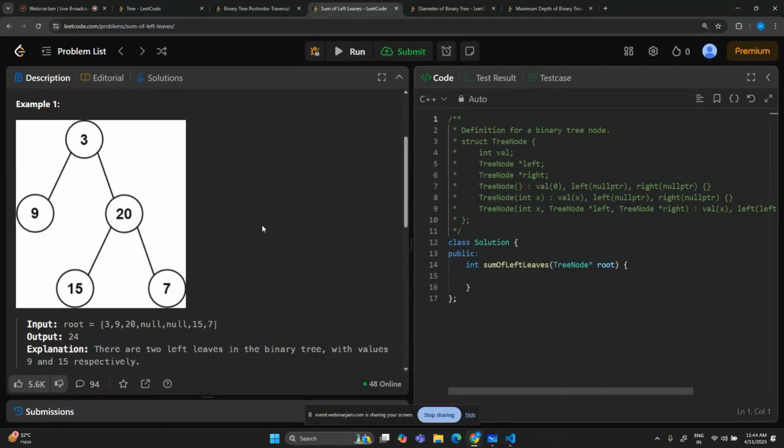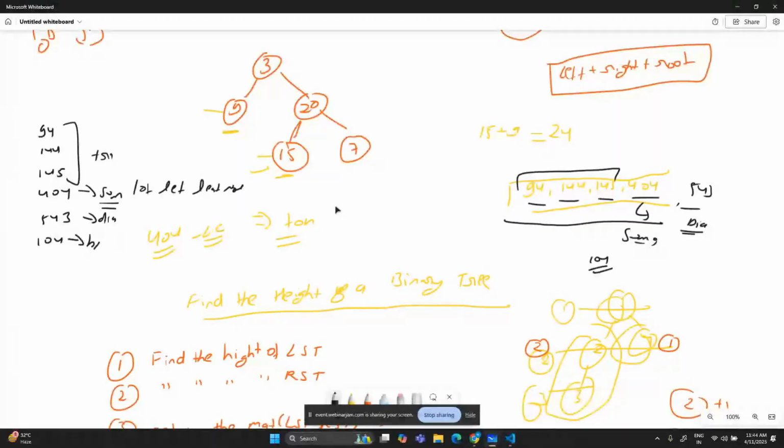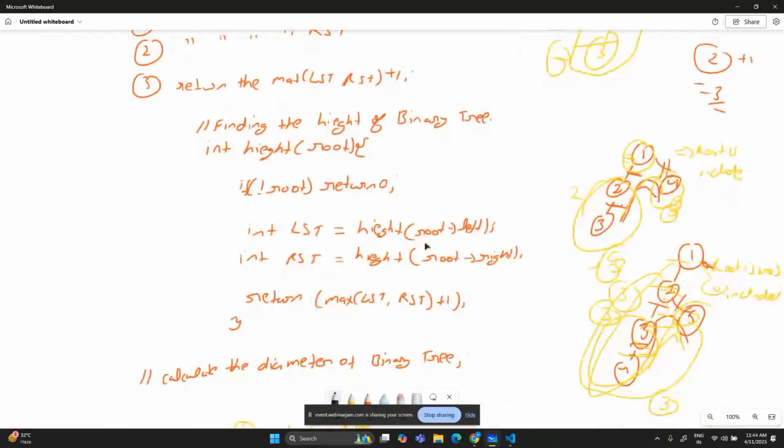We are going to solve them tomorrow if there is any issue while solving them. Before starting the session, we are going to complete question 543 and diameter. We are going to discuss the diameter in detail. And after this class, you have to read about something called BST.